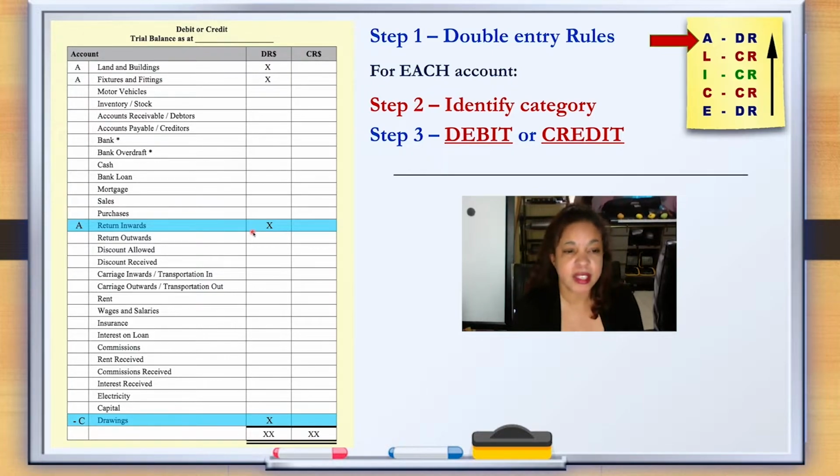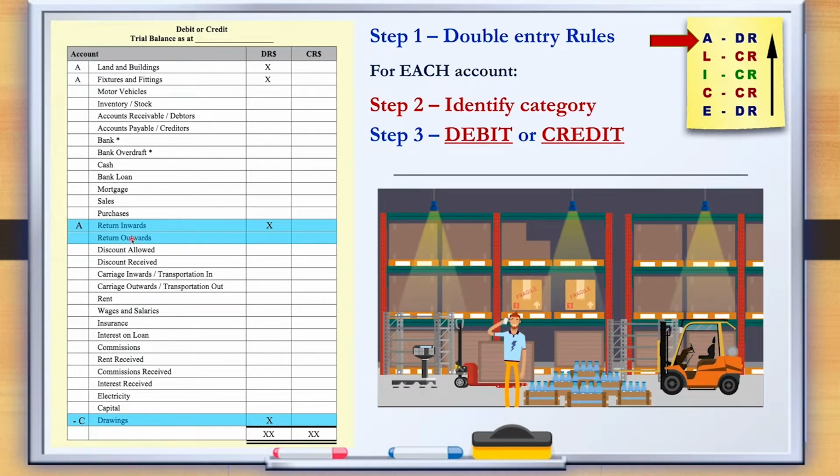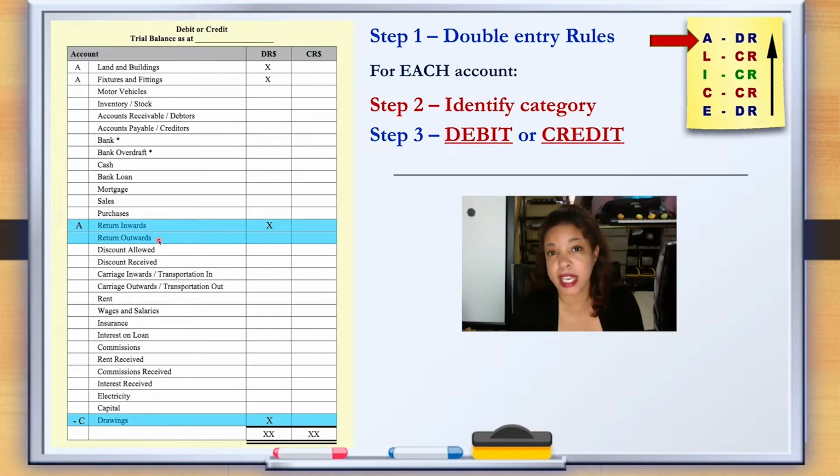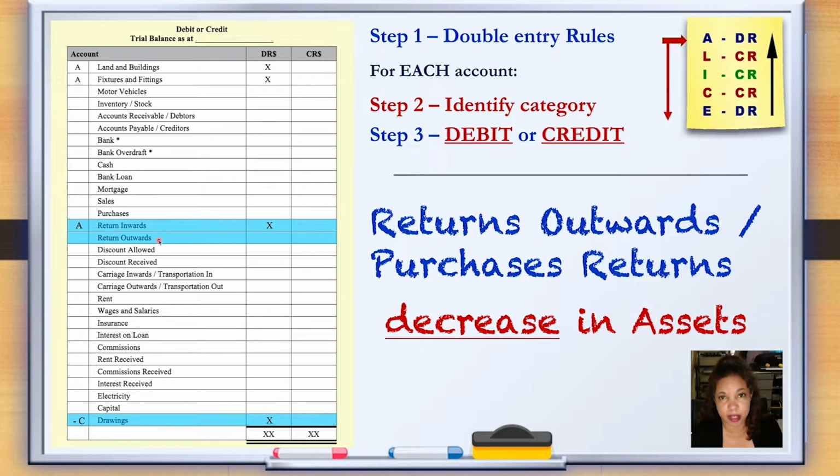Nice, okay? What happens though with the return outwards? It's still an asset. That is how we're going to look at it. It's still an asset because we're dealing with inventory. But in this case, what happened to the inventory? Did we increase? No, that is return inwards. That means that return outwards or purchases returns is therefore a decrease in inventory, or decrease in the asset inventory.